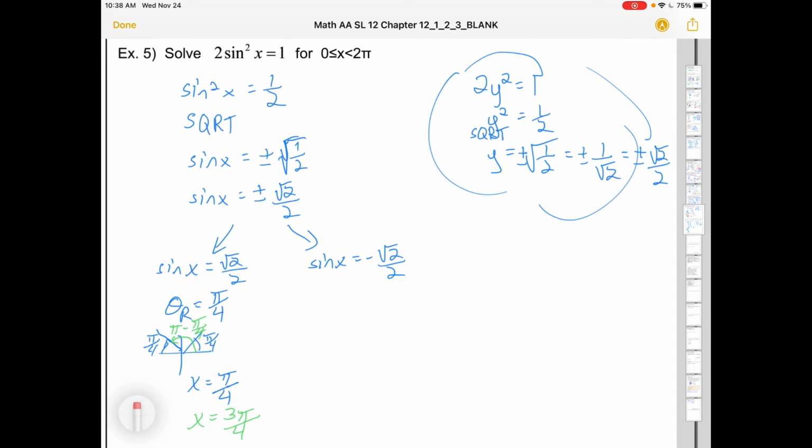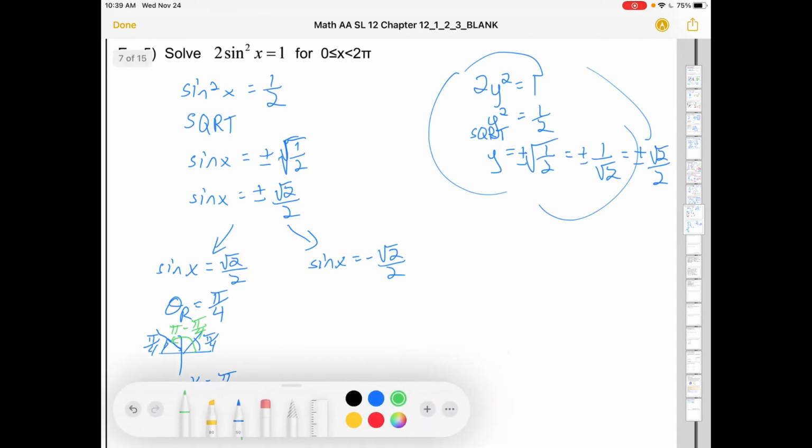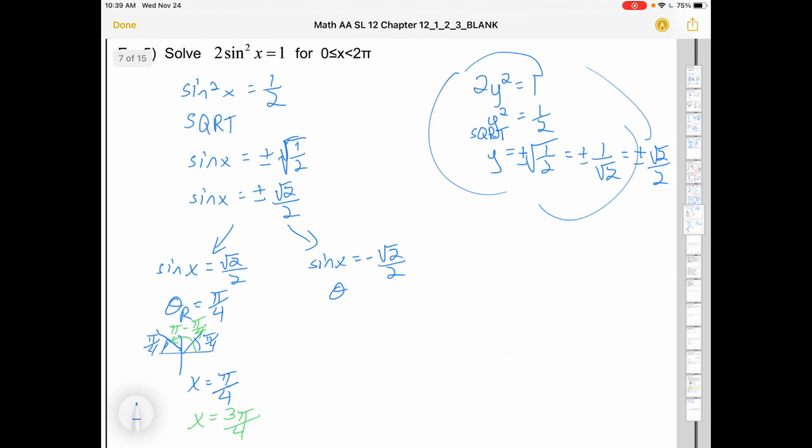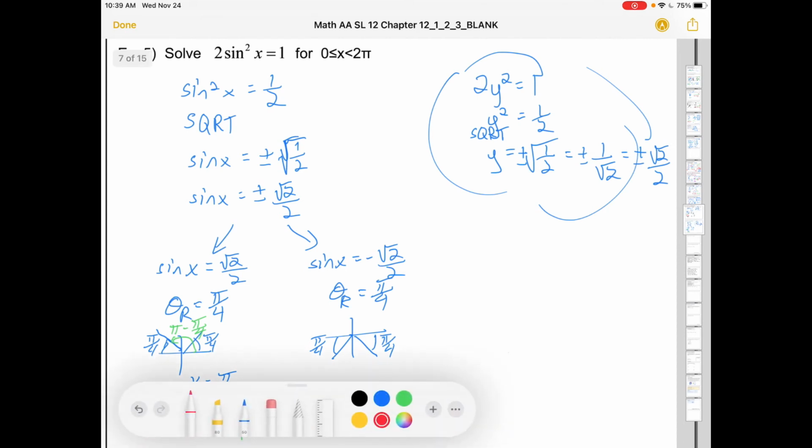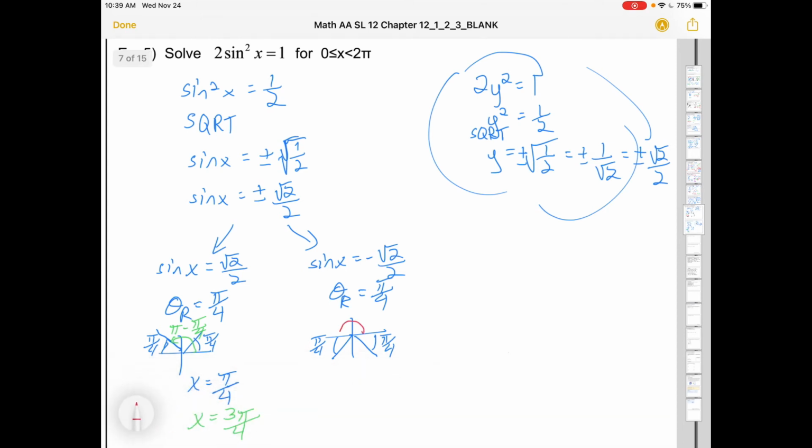The other equation also has solutions. So it's going to have the same reference angle, because we're still talking about root 2 over 2. But it would be in these quadrants. Okay, so I'm going to draw the solutions. Again, no funny business with domain happening, so I don't have to worry about periodic repetitions here.